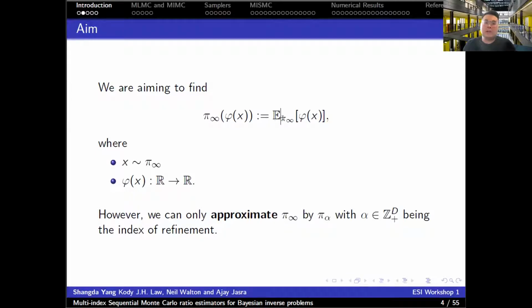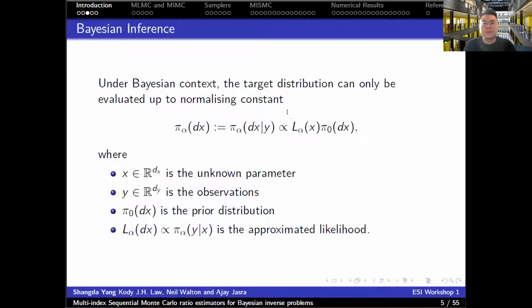However, we can only approximate this pi infinity up to some finite resolution, this pi alpha, where alpha is the index of refinement. In many cases, people may use L here, which indicates the level of refinement. But because we would like to deal with the multi-index case, we use alpha to indicate this is the index set. Okay. The context we would like to work with is the Bayesian inference.